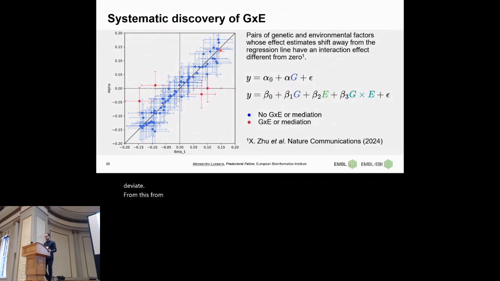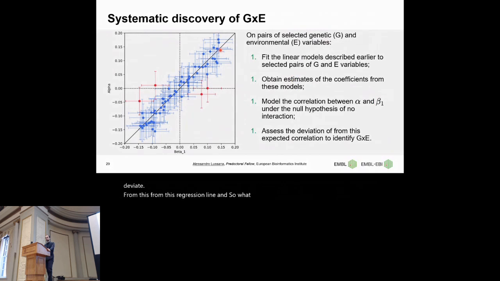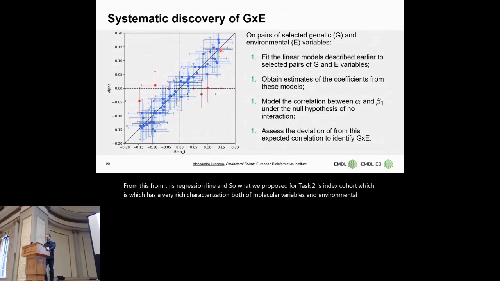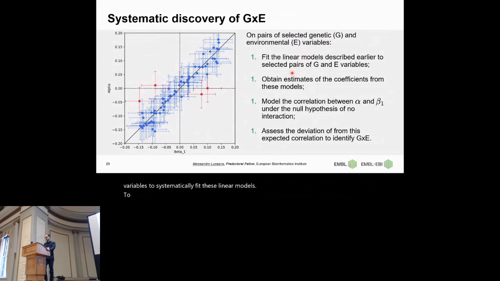And so what we proposed for task 2 is, in the PEGS cohort, which has a very rich characterization both of molecular variables and environmental variables, to systematically fit these linear models to genotypes and environment variables, and then obtain the estimates of these coefficients, model their correlation under the hypothesis of no interaction, and eventually test the deviation of these points from this expected correlation.